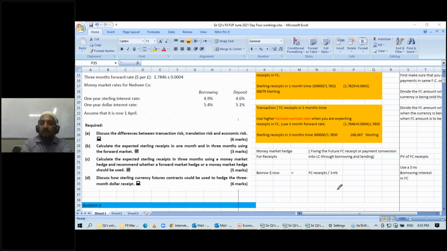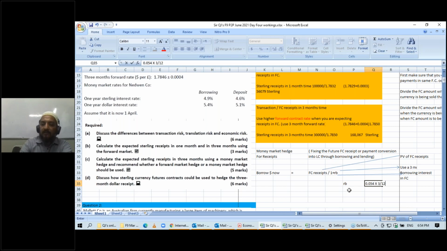Okay. So RB is equal to 0.054 multiplied by 3 divided by 12.